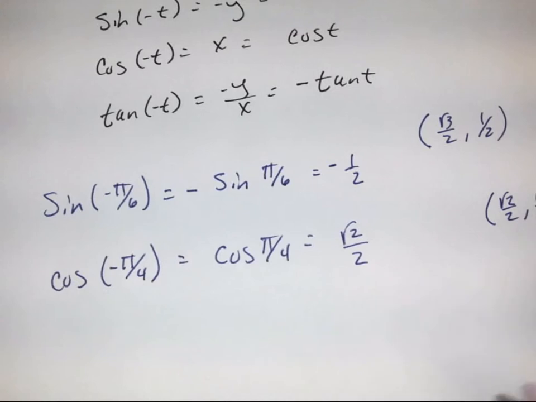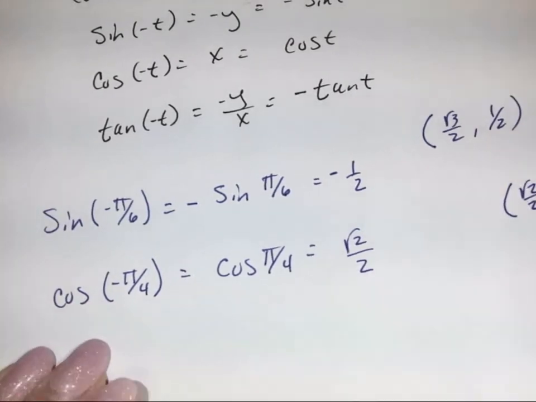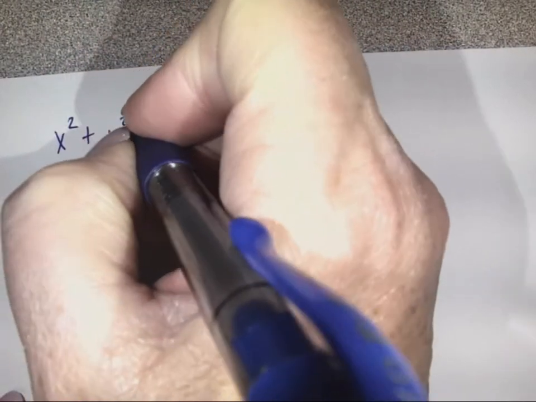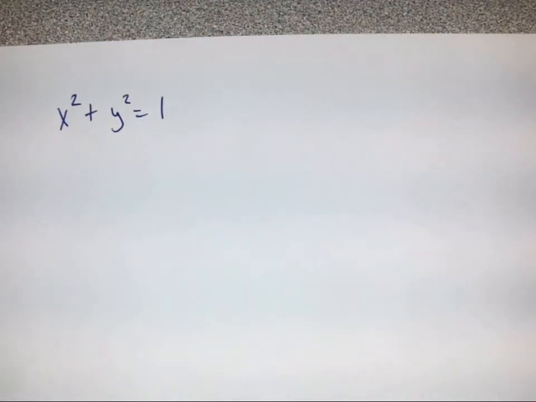All right, so now we're going to get into some trig identities. If you remember, our unit circle was x squared plus y squared equal to 1 when it is the unit circle centered at the origin. From this, we get some Pythagorean identities.